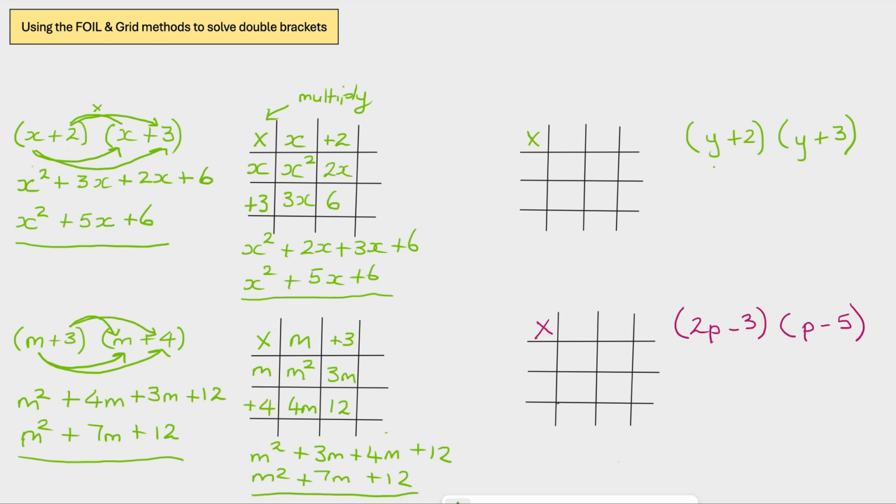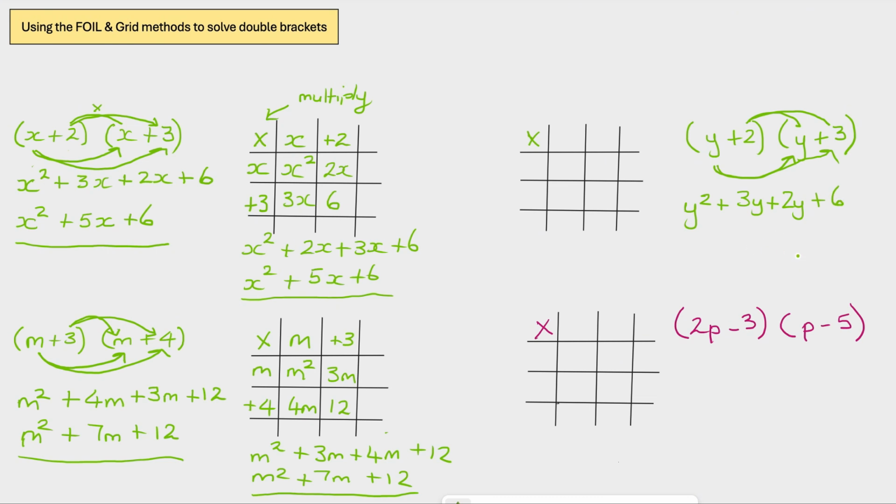So again, we've got y times y is y squared. Y times 3 is plus 3y over, 2 times y is 2y plus 2 times 3 is 6.